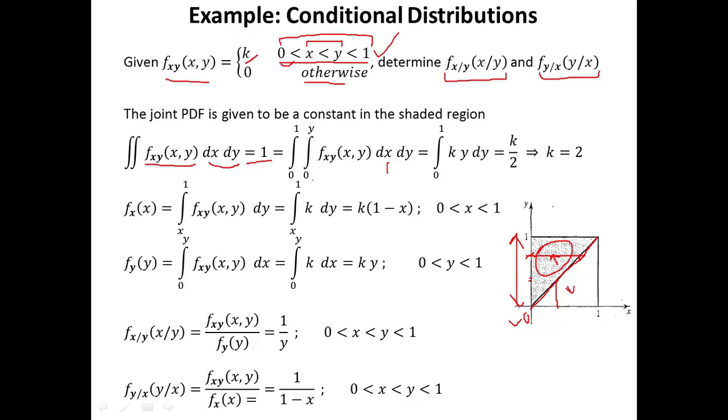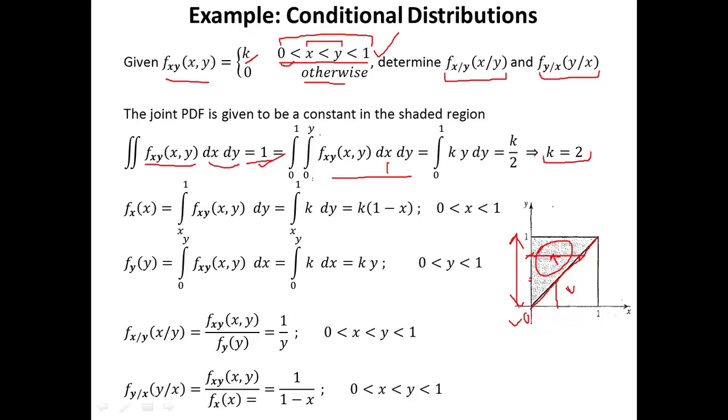This is the reason why the limits of integration with respect to x are 0 to y, and with respect to y are 0 to 1. If we solve it, we get k by 2 equals 1. It automatically means the value of k must be equal to 2.